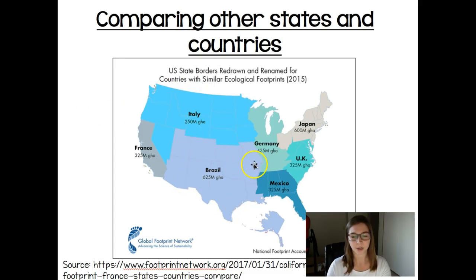Brazil would cover this whole area, Germany, Japan, the UK, and Mexico. So just something to get you thinking. We will be comparing and contrasting in class the different countries, such as these, that have the top ecological footprints, and what puts them in that category.